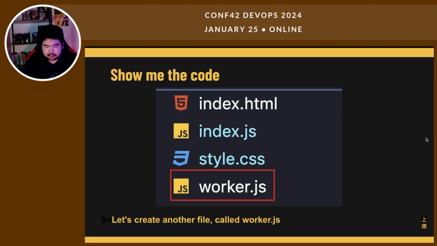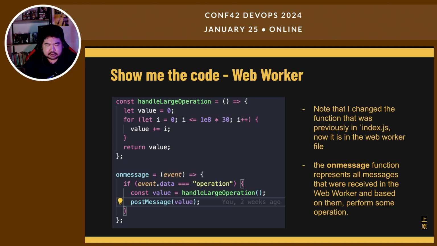so to resolve this problem, I will use the web worker. So I will create this file worker.js. Okay, so I will change something here. I will move that function handle large operation that was in the index.js to here in the worker.js. And we have this anonymous function called onmessage that will receive as parameter the event.